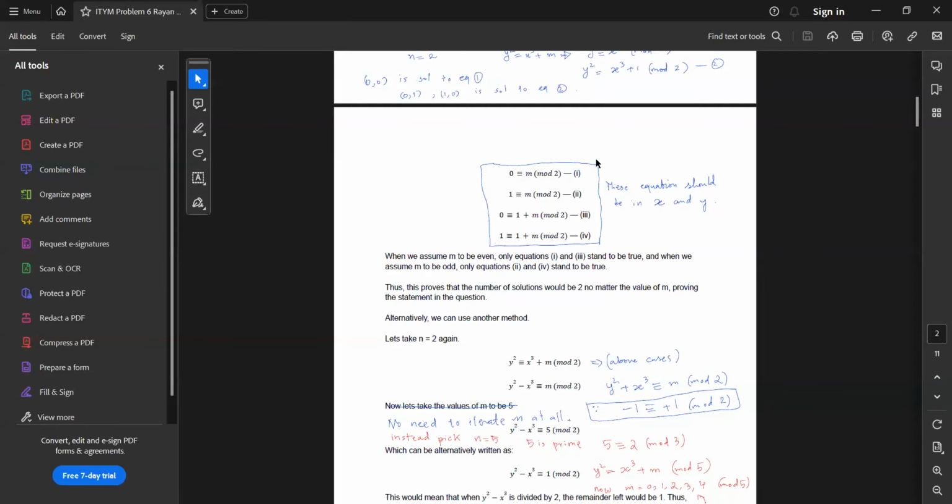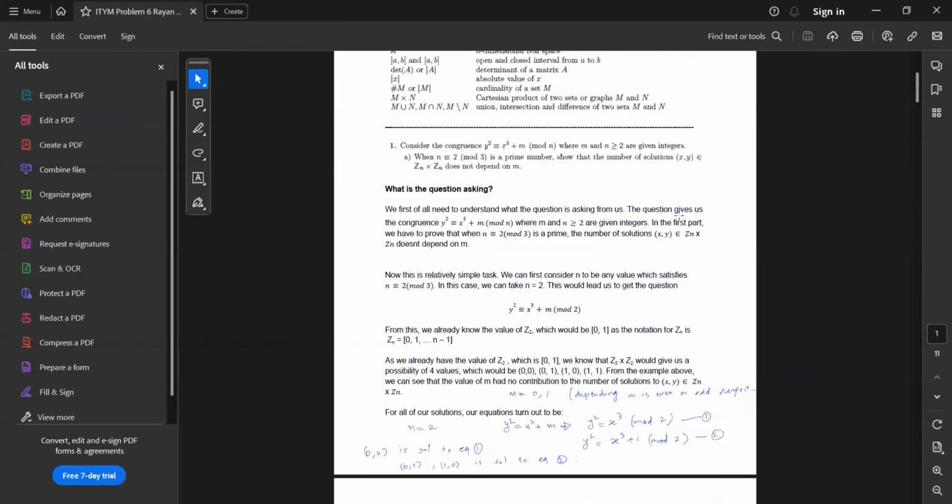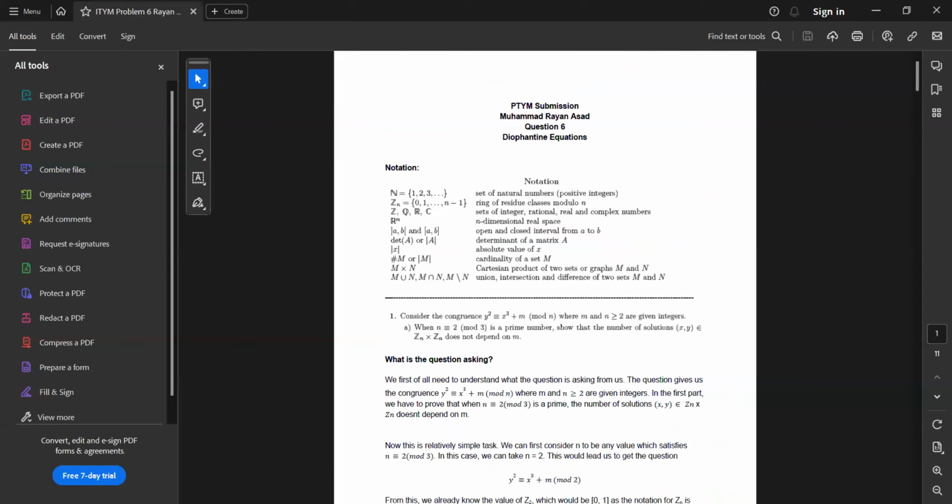I am sharing my file. Is my screen visible? Can you see my screen? Yes, we can see. Yes. Sorry, I was muted for the time.